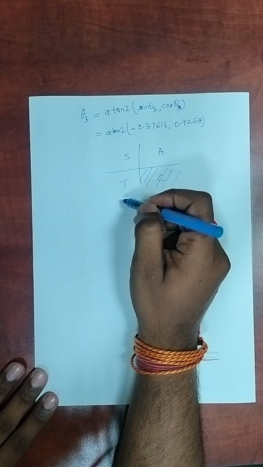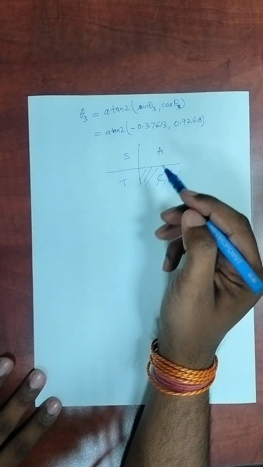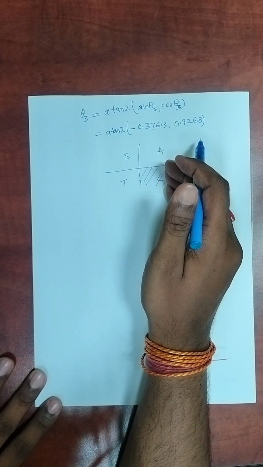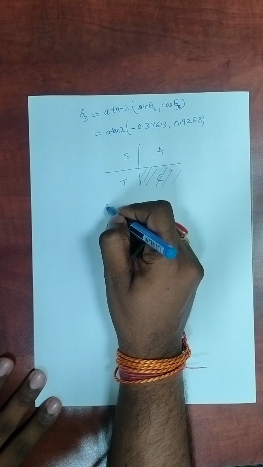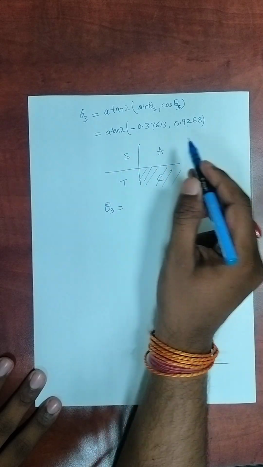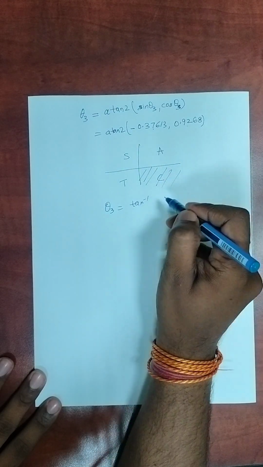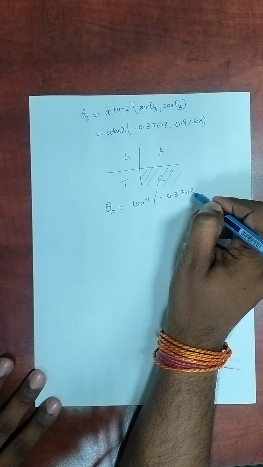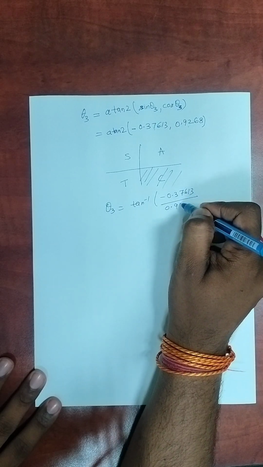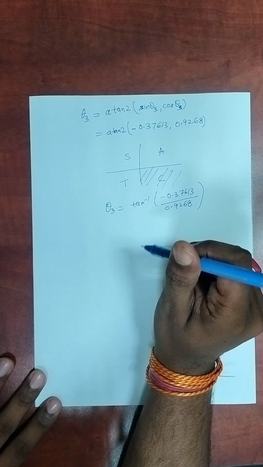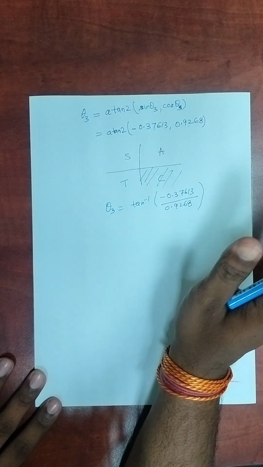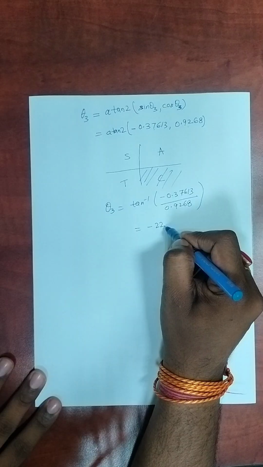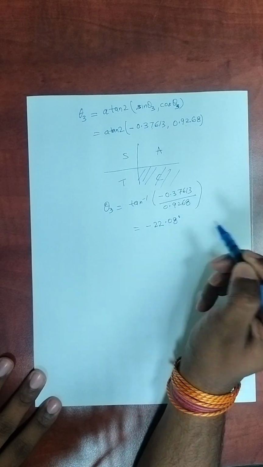If I have a standard calculator, it will automatically give me a solution either in the 1st quadrant or 4th quadrant, so I don't have to do anything else. If I just do tan inverse of this ratio, I will get the value of theta 3. So theta 3 comes out to be minus 22.08 degrees.